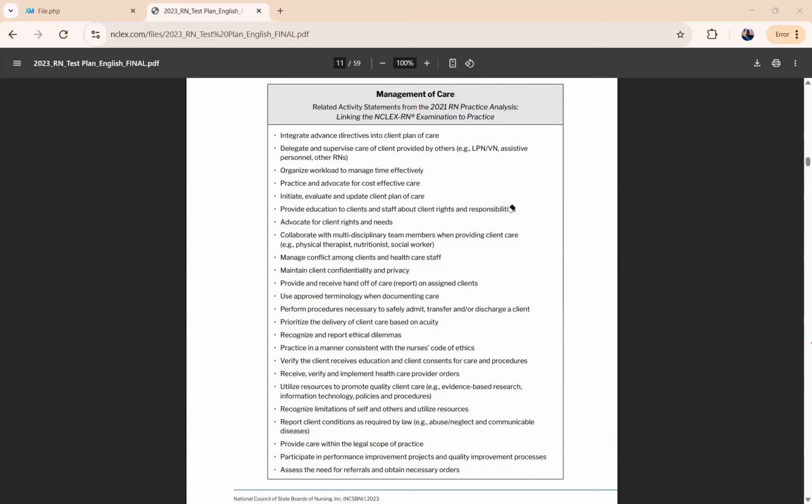Now, multidisciplinary team members. What you need to know there is all the team members, because of situations like referral.